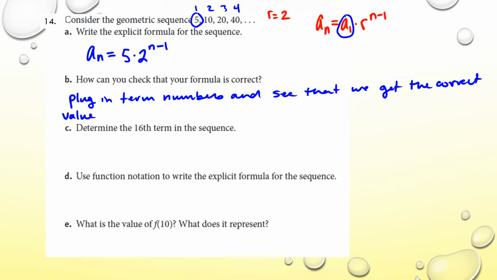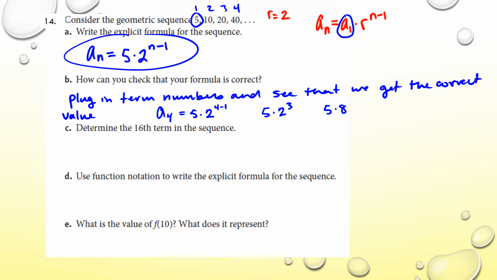If I try my formula for the fourth term, a sub 4 would be 5 times 2 to the 4 minus 1. So I would have 5 times 2 to the third, which would be 5 times 8, which would be 40. So that's an example of testing out how it works.